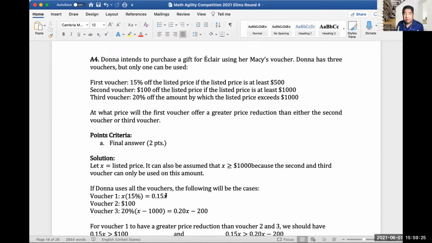The second voucher is $100 off the listed price if the listed price is at least $1,000. And the third voucher is 20% off the amount by which the listed price exceeds $1,000. At what price will the first voucher offer a greater price reduction than either the second voucher or third voucher? The final answer would give us 2 points.